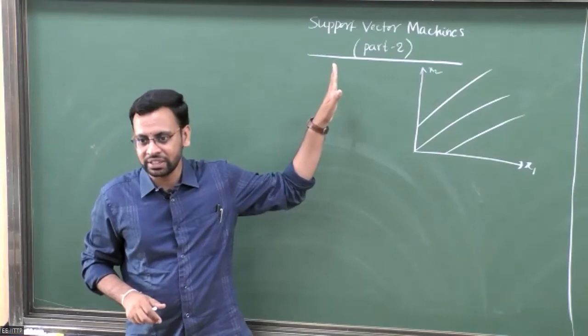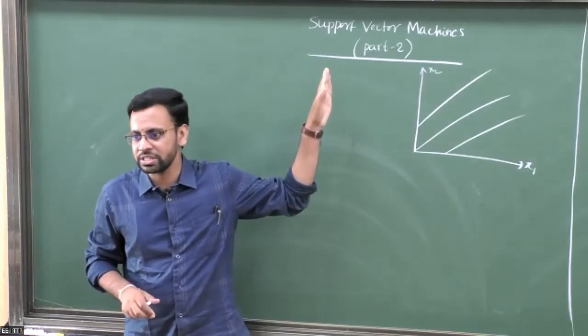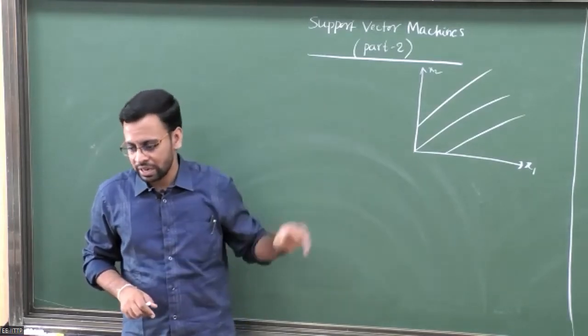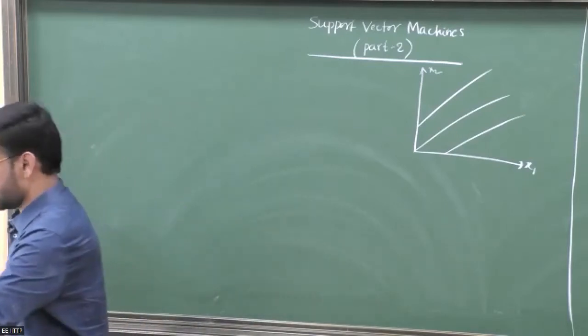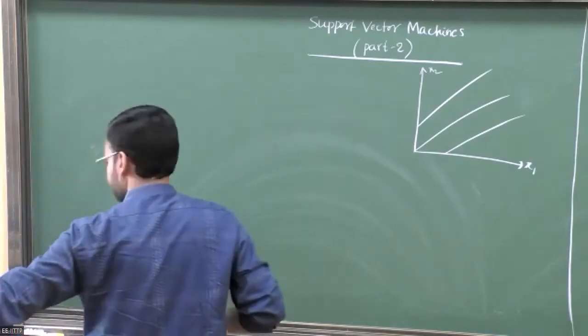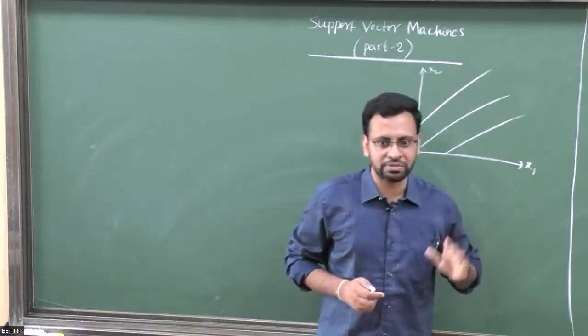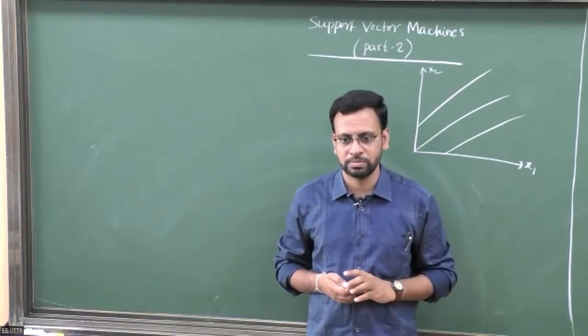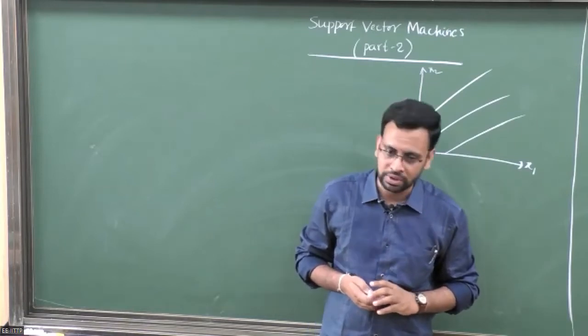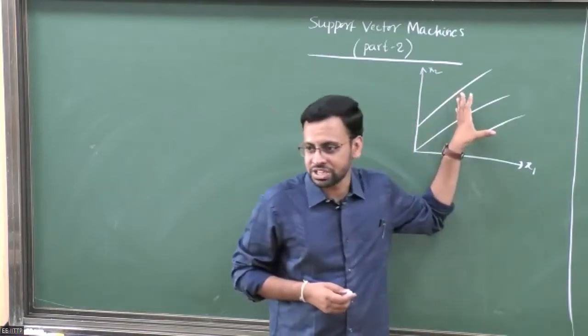We started discussion about support vector machines in the previous class, and we'll continue that discussion in this class as well. So, what was the basic idea of support vector machines? Right, you maximize this margin.